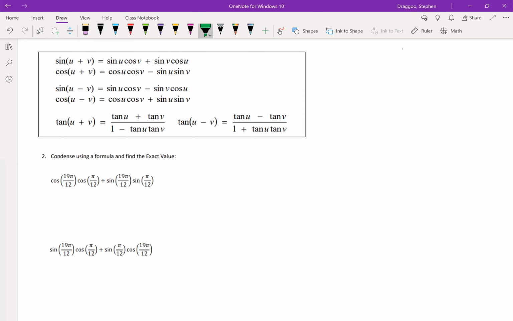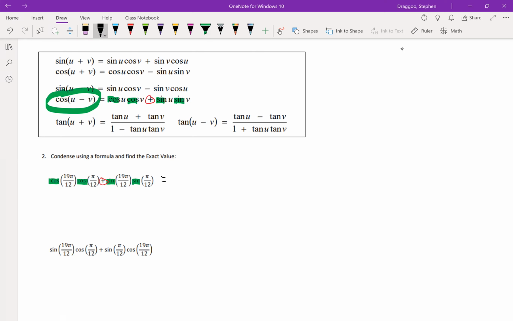So in this first part, I have cosine times cosine plus sine times sine. Highlighting each of those pieces, I know I'm looking to add two sides, and I have cosine times cosine plus sine times sine, meaning that this must be the cosine difference formula.